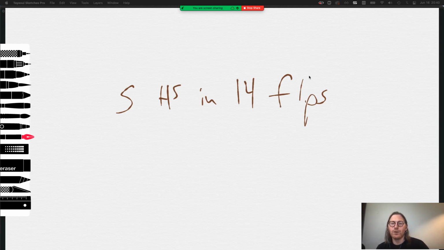So the question is, am I talking about permutations or combinations? That'll become more apparent pretty quickly here. We're about to get into permutations and combinations, and the way that I would think about this is there are a certain number of ways that we can permute 5 heads over 14 flips.